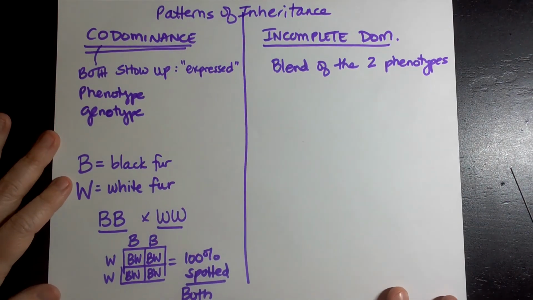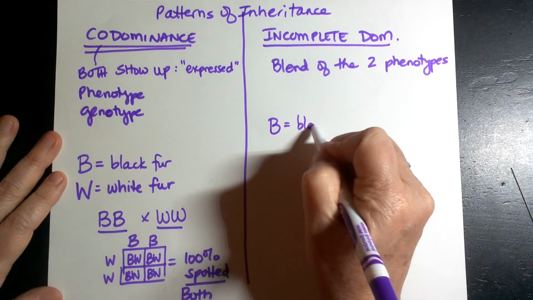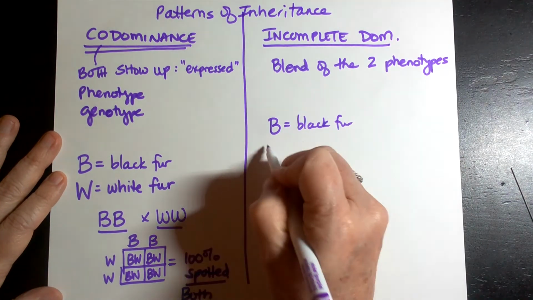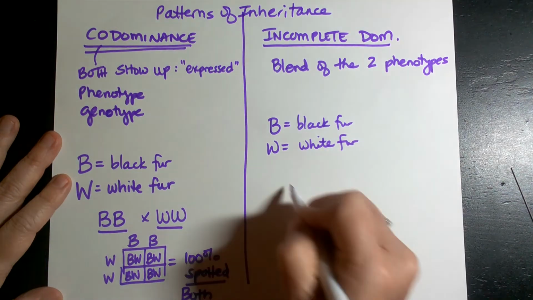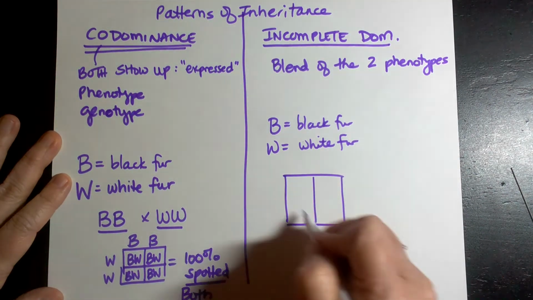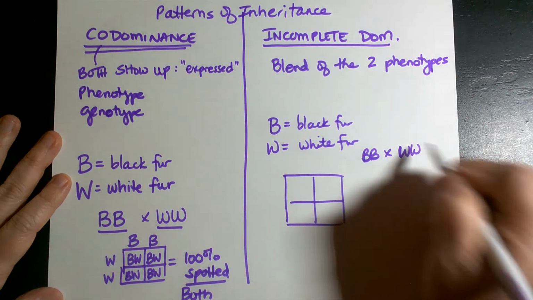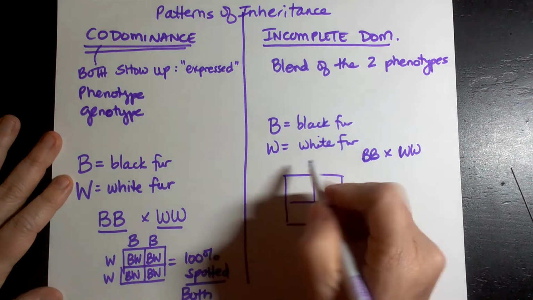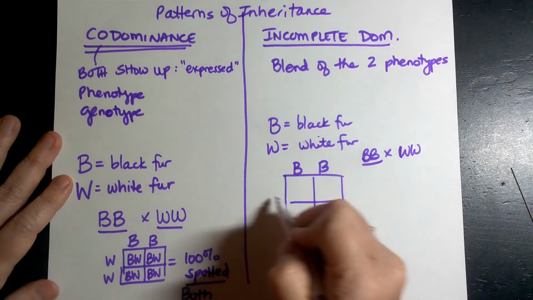So if it happened to be an incomplete dominance pattern, I'll use the same alleles. I'll use black fur and I'll use white fur. And in this situation, I cross a black furred animal with the white furred animal, same scenario. The parent with the black alleles could only give black alleles.